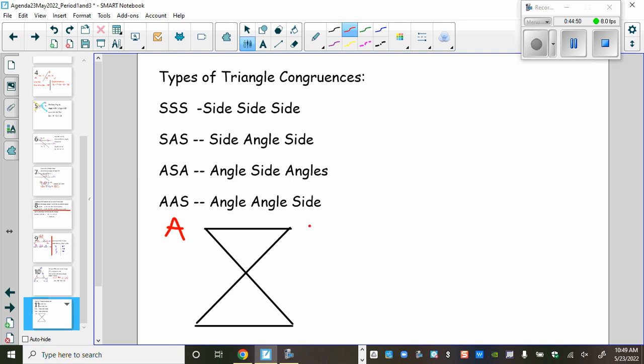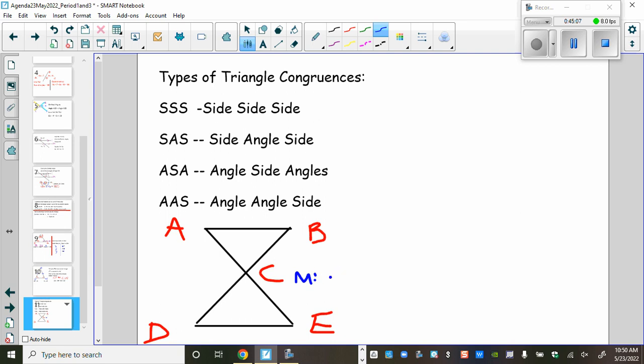Now, it's not drawn to scale, but you might have something where C is going to be your midpoint.